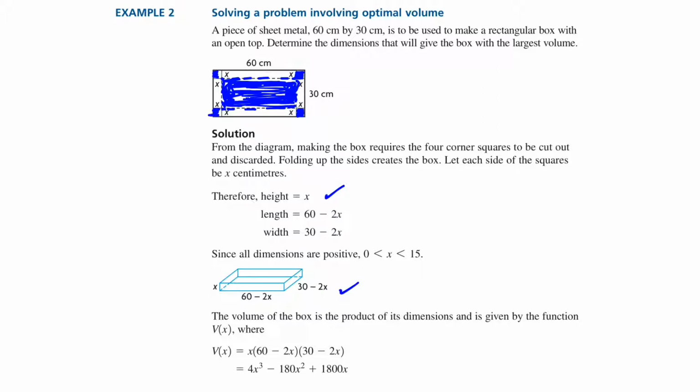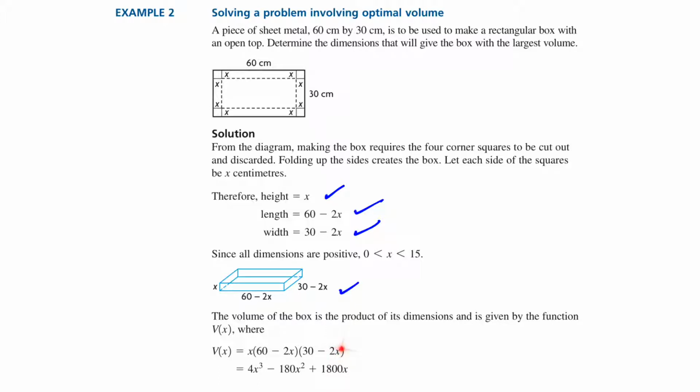The length is 60 minus 2x, since we cut 2x from 2 corners, and the width is 30 minus 2x, with the same reasoning. Therefore, the volume is x times 60 minus 2x times 30 minus 2x.